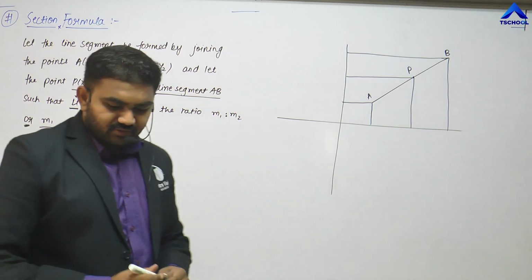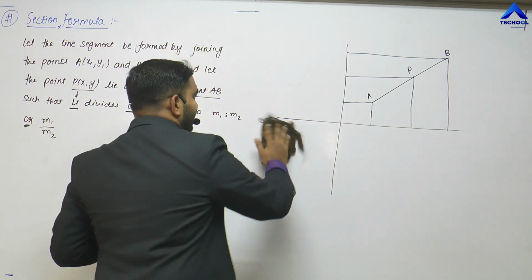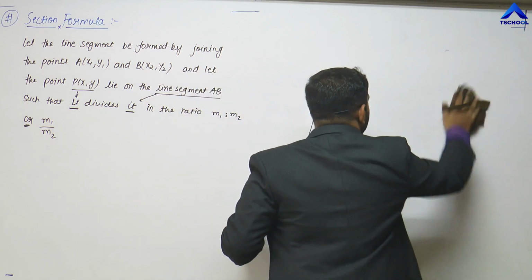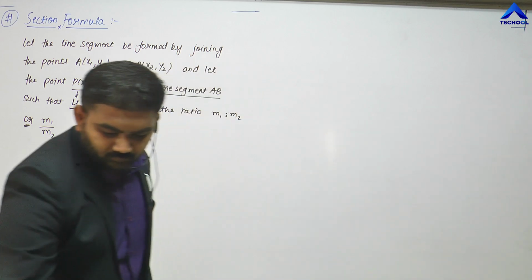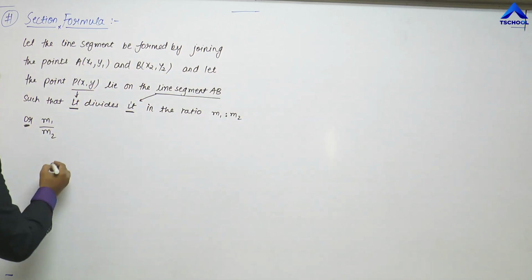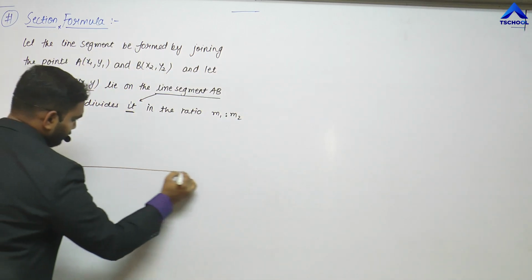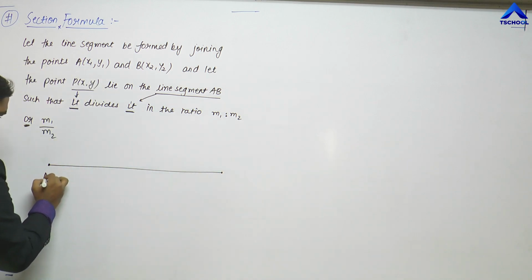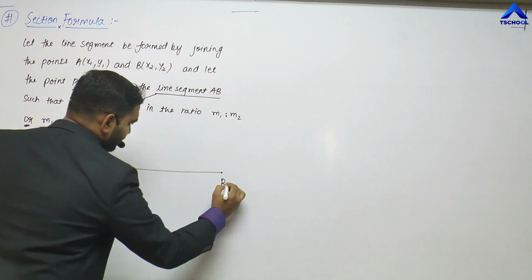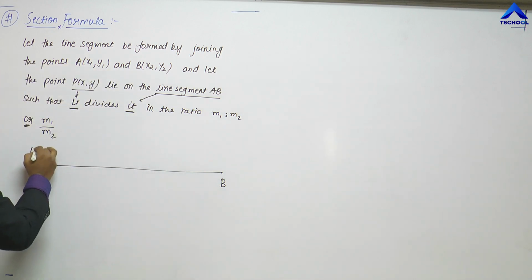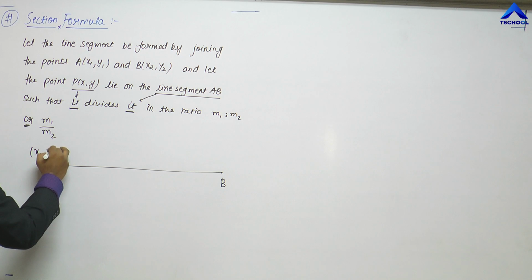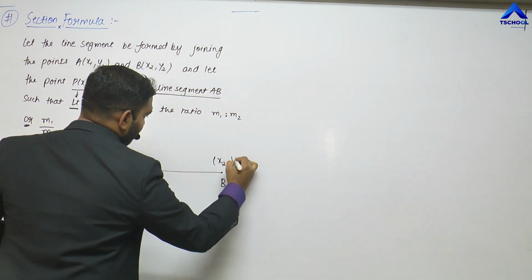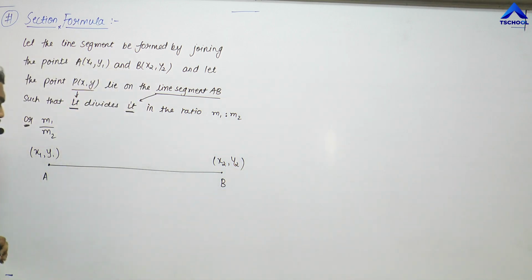But rather than complicating the situation, we shall do it in the simple form that this is my line segment AB. This is A, and this is my B. So the coordinates of A given are x1, y1, and coordinates of B given as x2, y2.